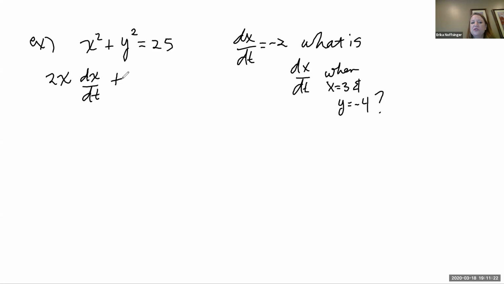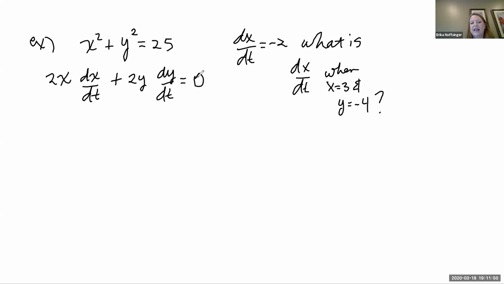Plus, now take the derivative of y squared, which is just 2y. Again, because y in this case is in terms of time, we write this as dy/dt. This is equal to the derivative of 25. Well, 25 is just a constant, and the derivative of a constant is 0.